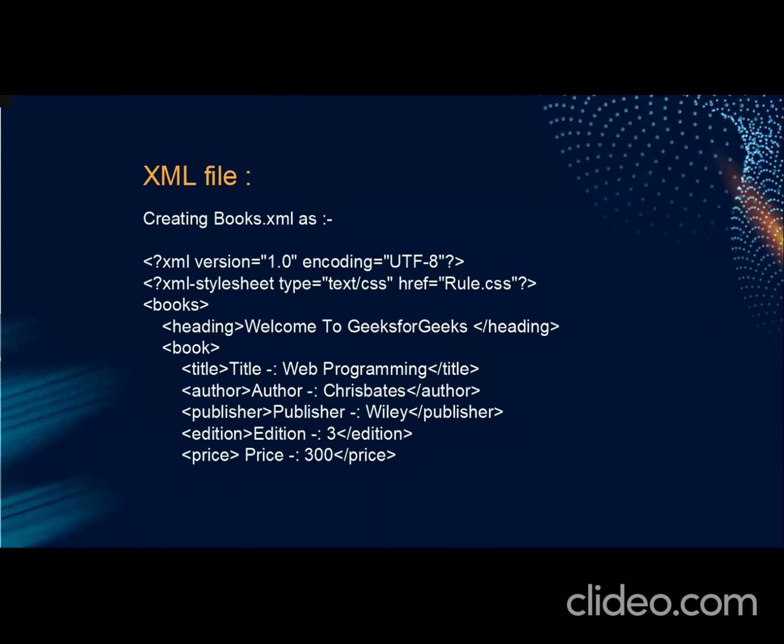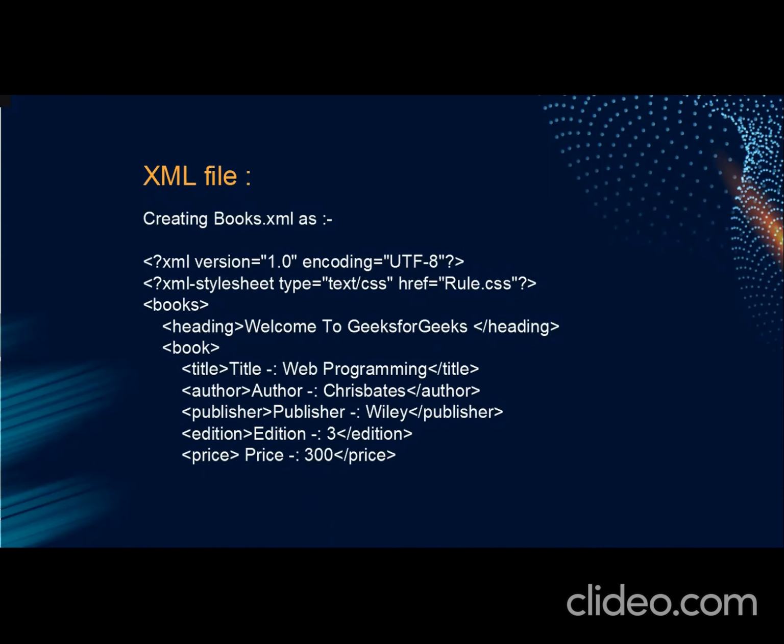Here there is an example for an XML file. We are creating books.xml. Then we already discussed that we have to use one attribute to link the saved file.